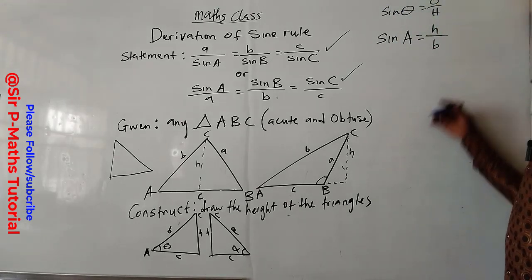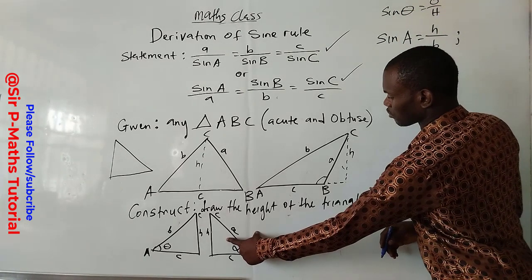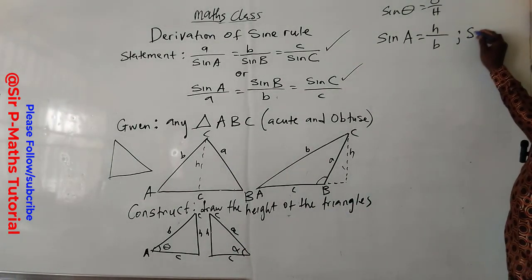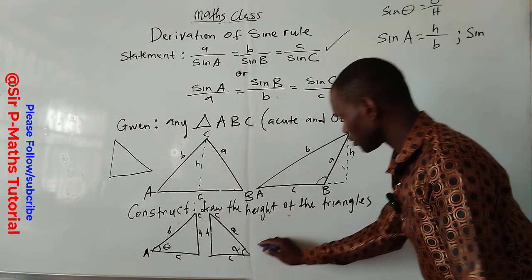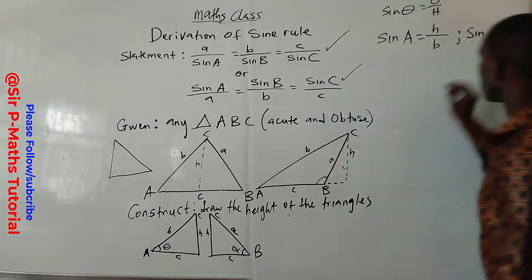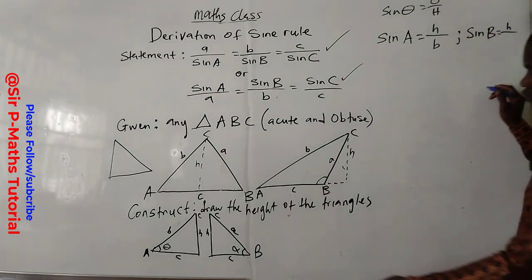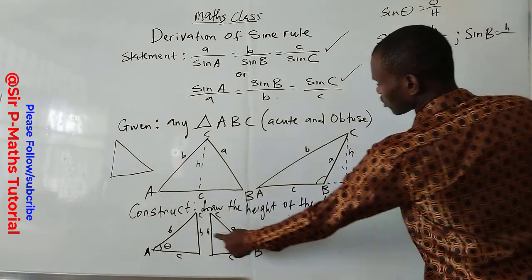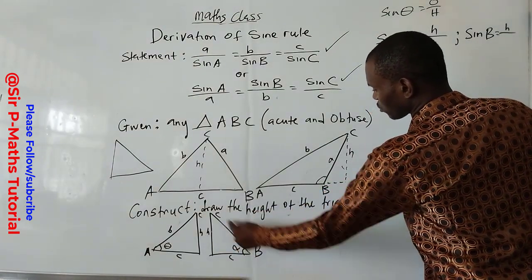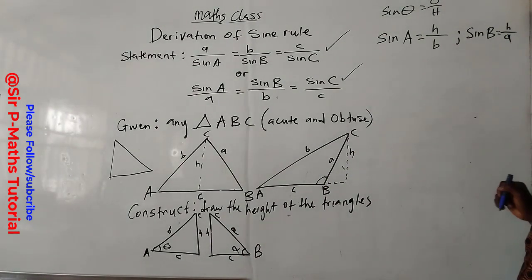All right, then come to the second diagram. I will have sine b to be equal to h over the hypotenuse, h is the opposite, here is the hypotenuse, h over a.